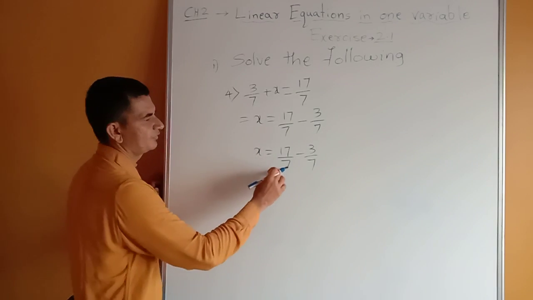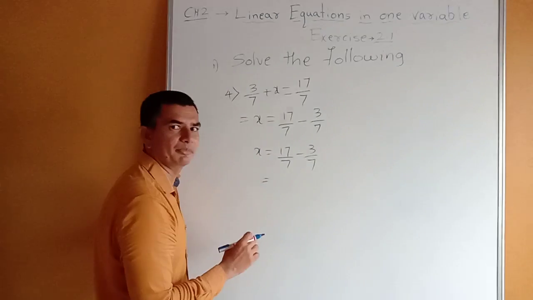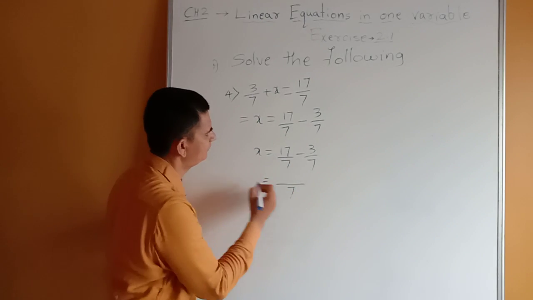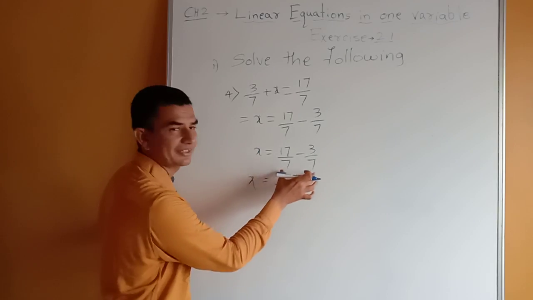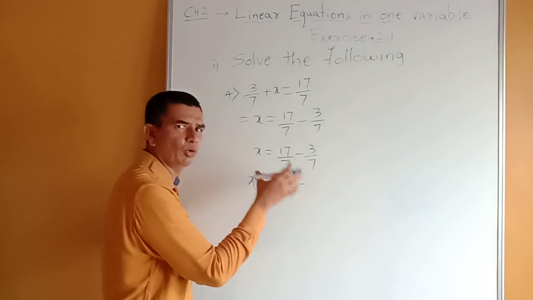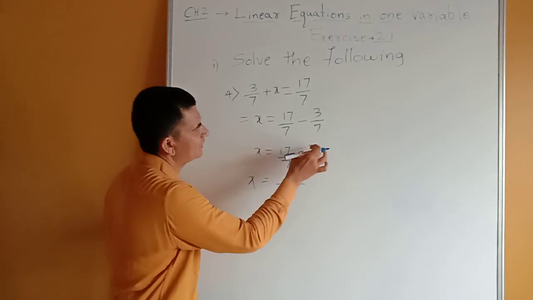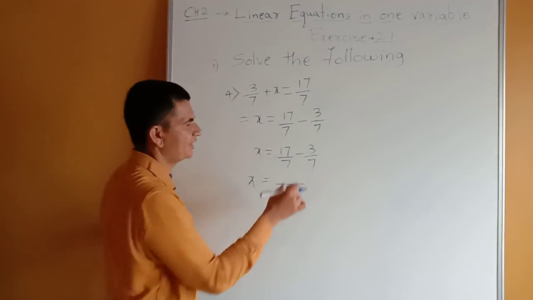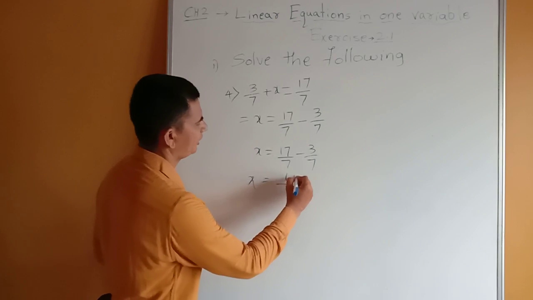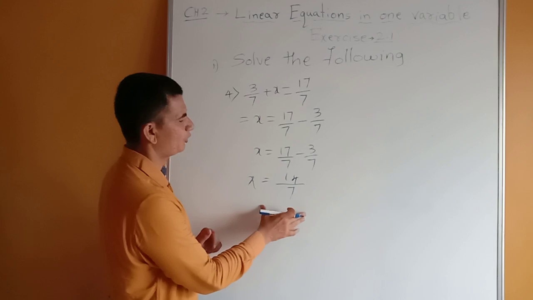Now the denominators are same, so no need to find the LCM here. You can write 7 directly as it is common. The LCM of 7 and 7 is 7 only. Now 17 minus 3, because if the denominators are same, we can subtract directly. 17 minus 3 becomes 14. This is your answer.